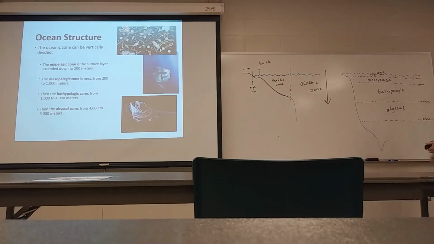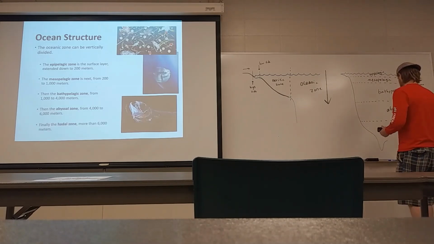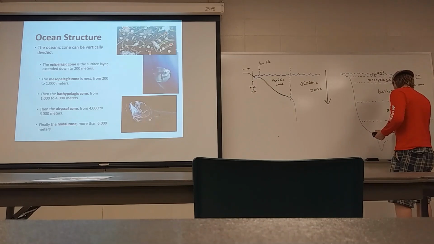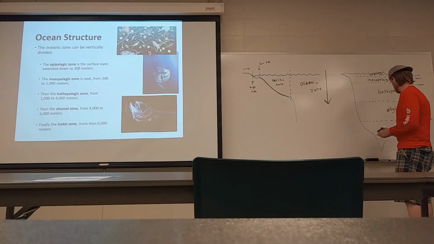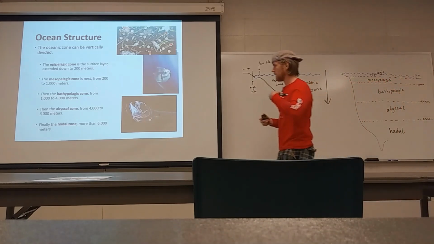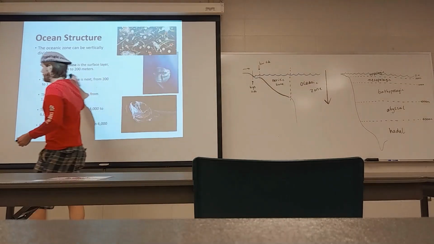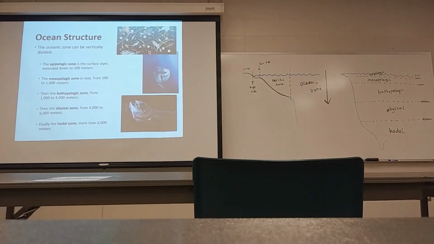Sometimes it's called abyssopelagic. We're just going to call it abyssal zone. And the hadal zone is anything 6,000 meters and below. Again, midway through the mesopelagic, it's dark. And so much of the open ocean is going to be dark.